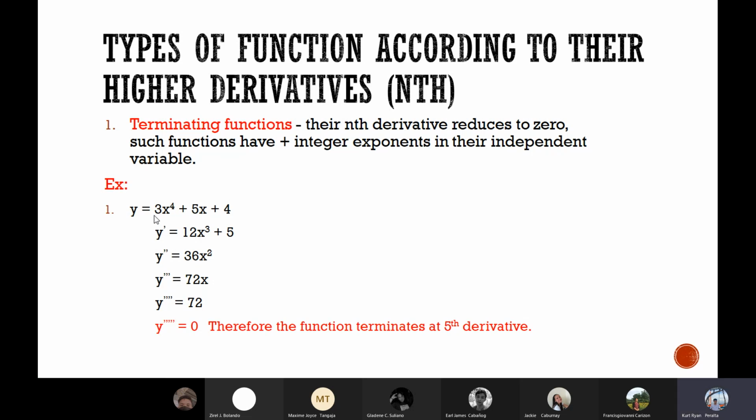So for example, a function is 3x to the power of 4 plus 5x plus 4. So in getting the derivative of this function, we will use, as discussed by katong nag-una nako, the power rule. Distribute 4 to 3, 4 times 3 is equal to 12.